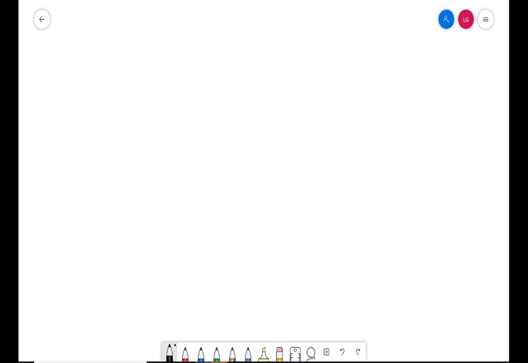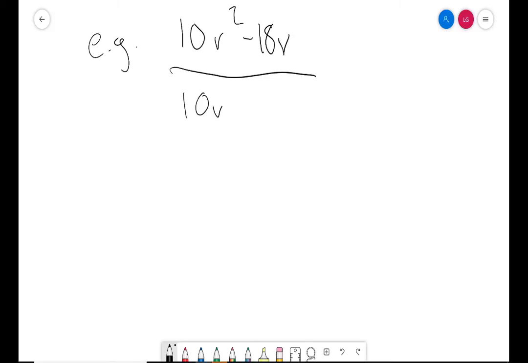Let's see here. Let's simplify 10v squared minus 18v over 10v squared plus 16v. Simplify that. Now, this is a very important one to look at, I think.